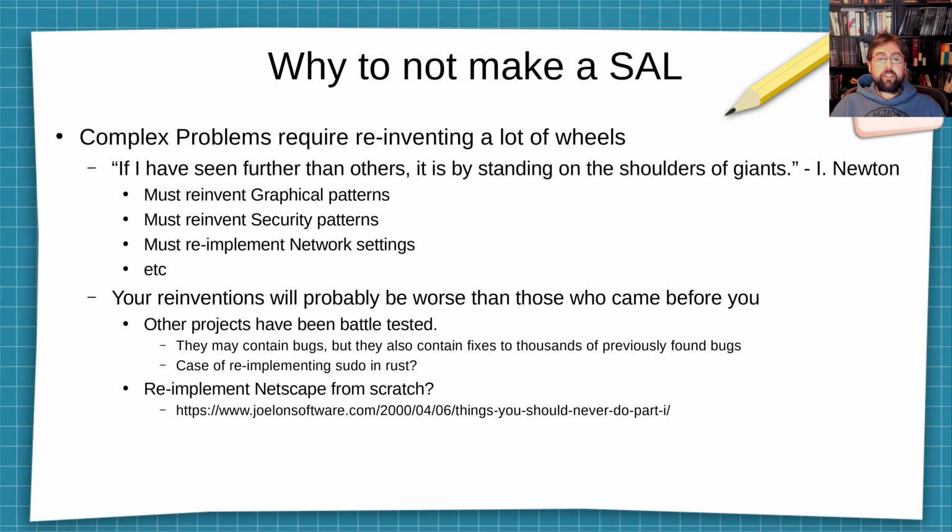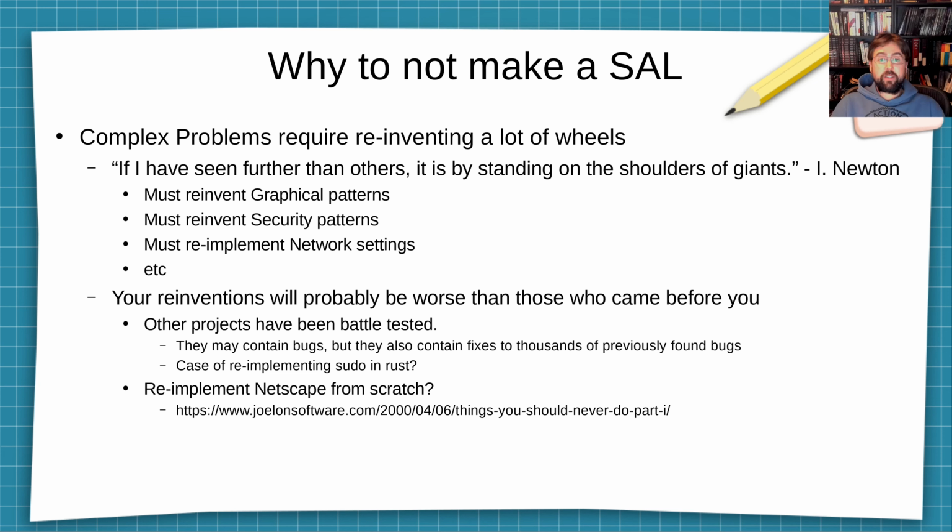I was recently reading an article or a forum post about someone who is thinking about redoing sudo in Rust. And Rust is the perfect programming language to do sudo. The recent vulnerability in sudo was because of a memory allocation problem, and Rust just doesn't have those problems. So it's a really good idea to write sudo in Rust.